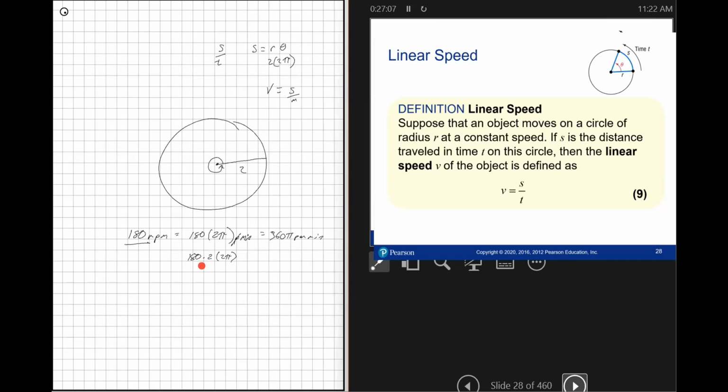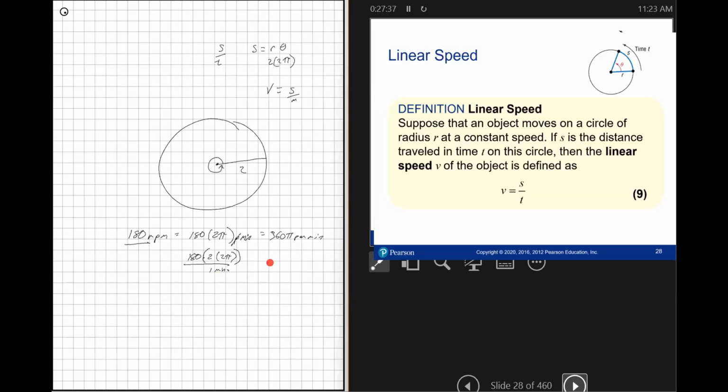Right? Because this is the arc length, or the speed is 2 times 2 pi times 180, which tells us how often it did it in the minute.